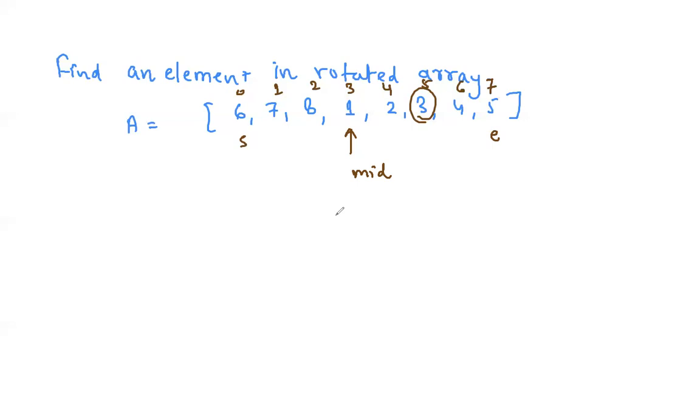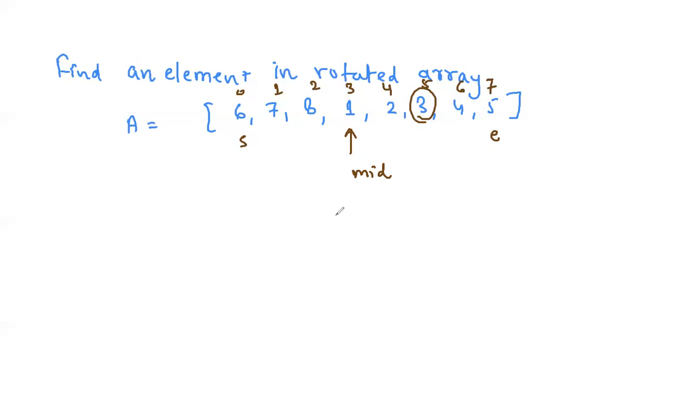Because a of mid is 1 and a of end is 5. 3 actually falls in between, so you go to the right hand side. If I was searching for 7, it doesn't fall between 1 and 5, so I'll go to the left hand side.